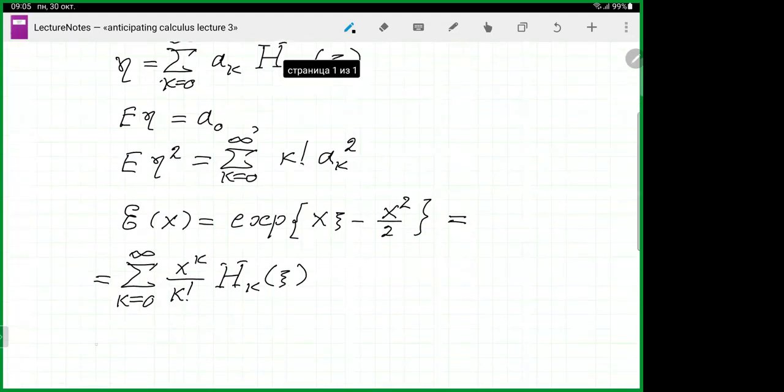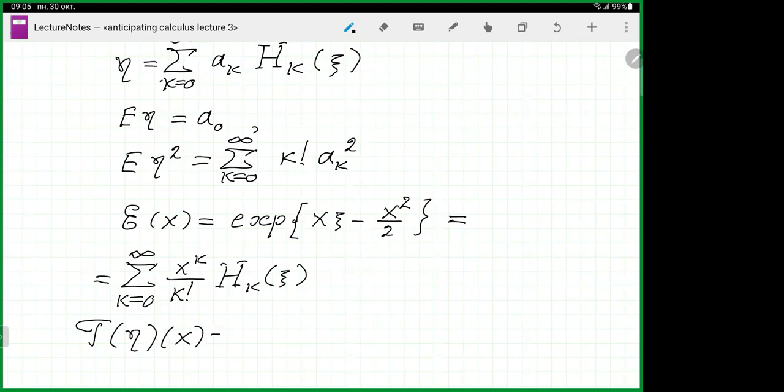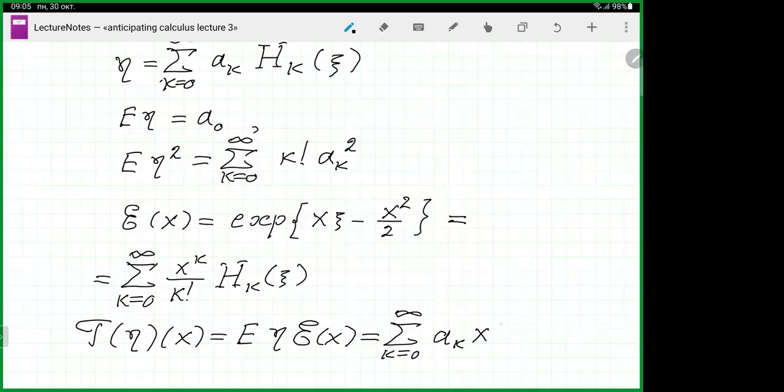Due to this, one can define the special transformation of variable eta from x. It is the expectation of eta multiplied by e of x, and it was equal to the sum from k equals 0 to infinity of ak x to the k.